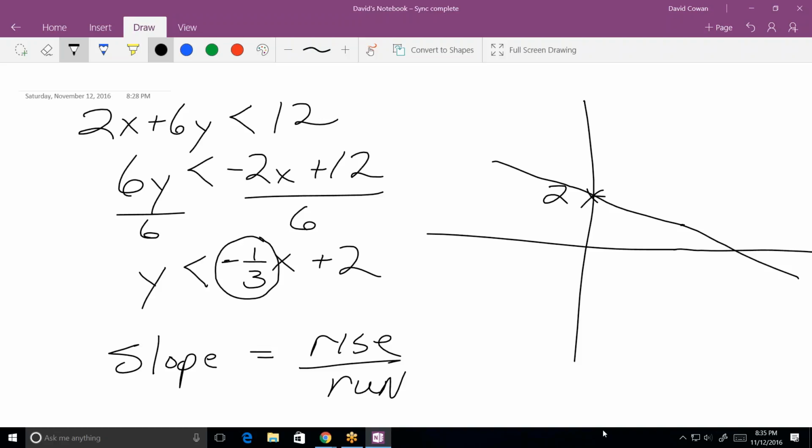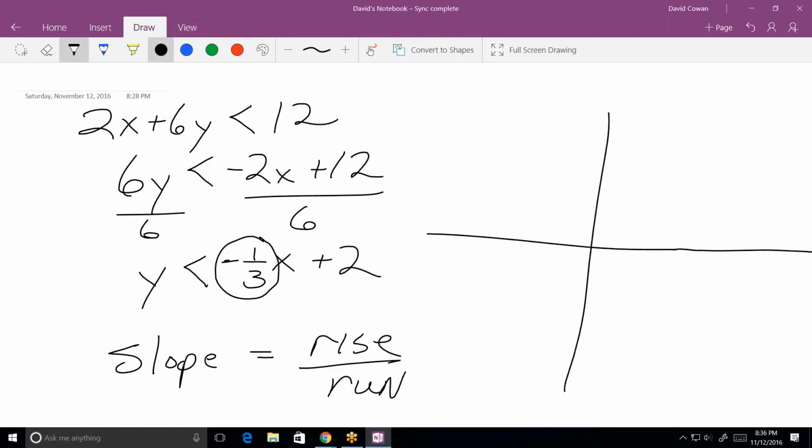Let's talk about that. Let me draw a bunch of slopes, and I want you to tell me what each one is, positive or negative. What's that? That's positive.